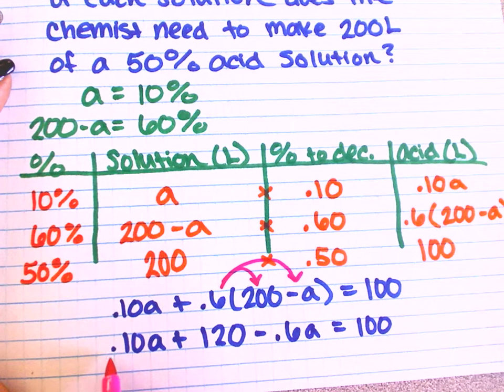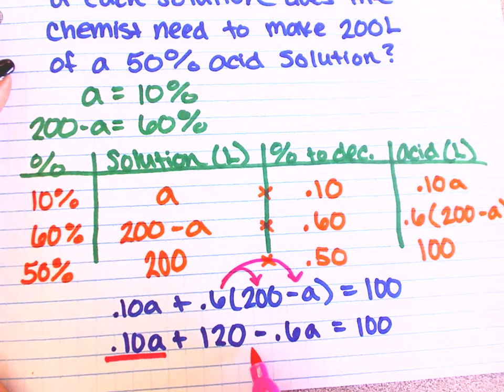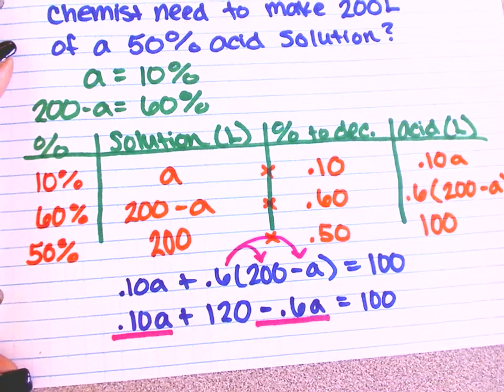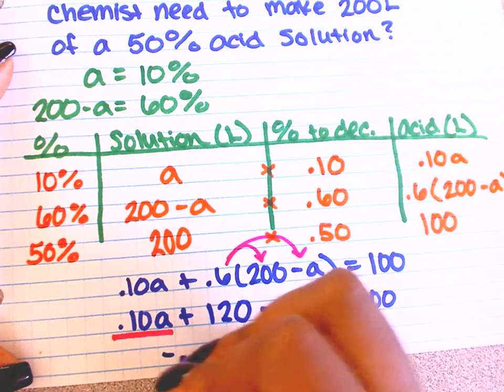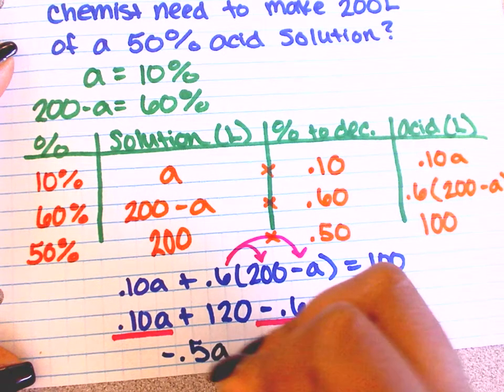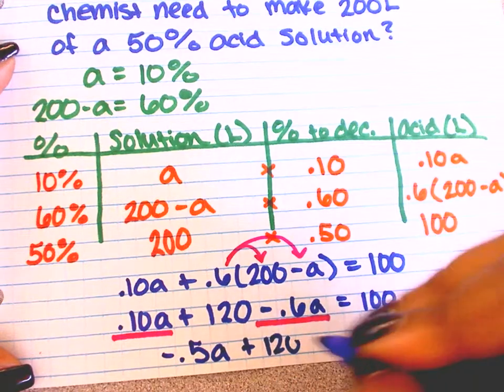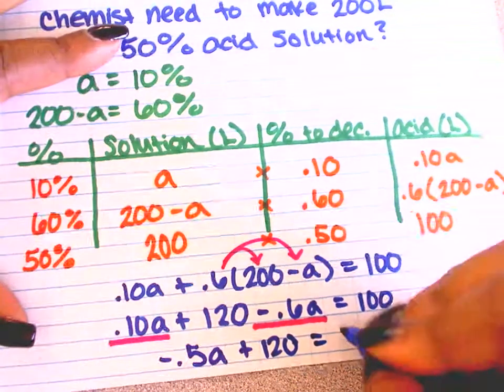I see like terms, 0.10A and negative 0.6A. So 0.10A minus 0.6A is going to give me a negative 0.5A plus 120 equals 100.